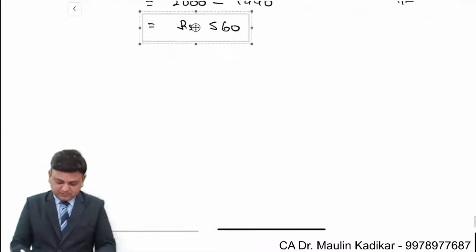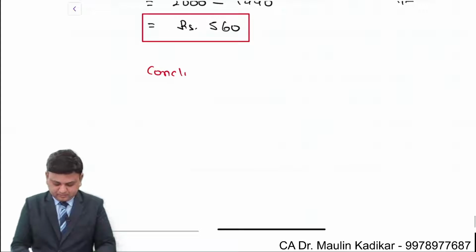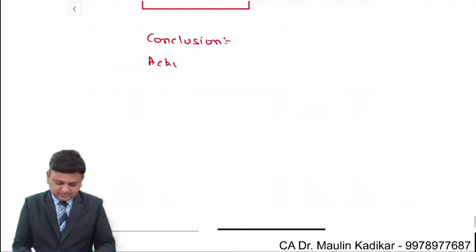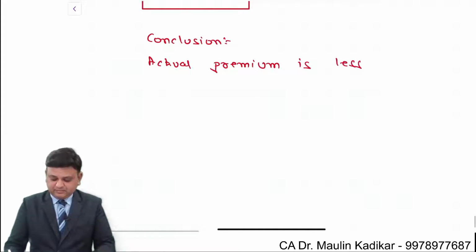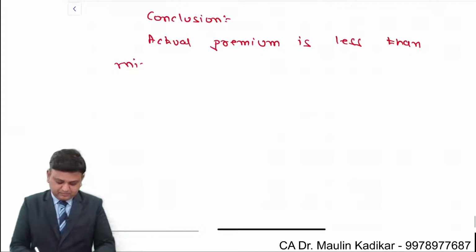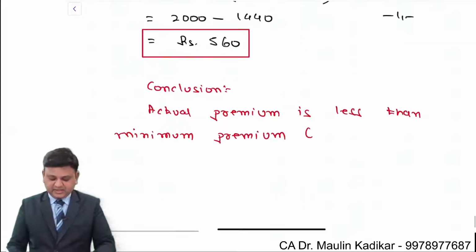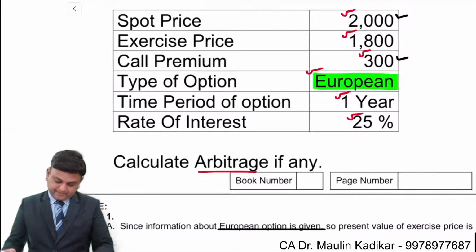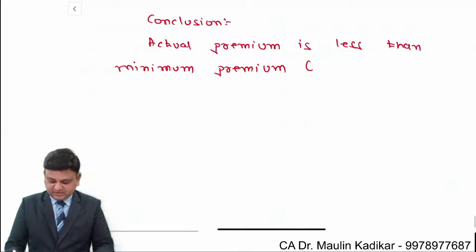So write down a conclusion. Actual premium is less than minimum premium. In bracket, write down 300 is less than 560.